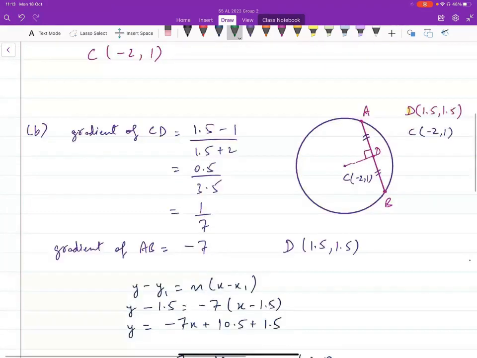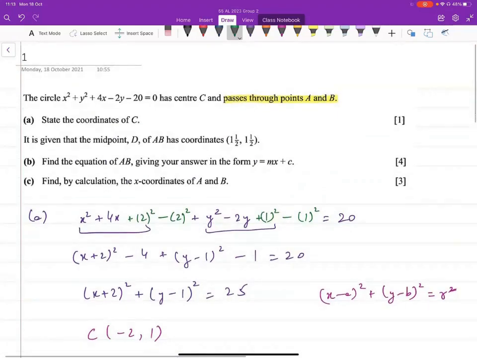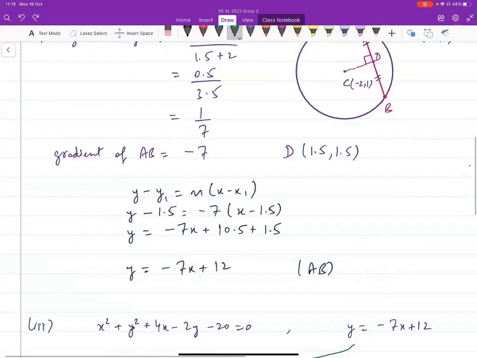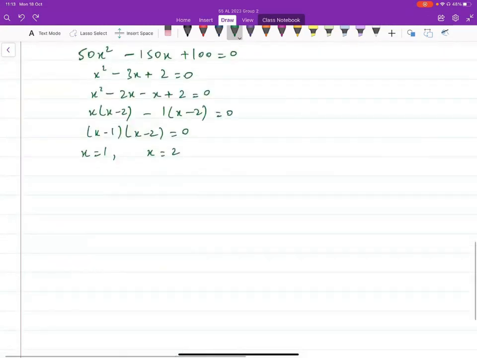What did we need? We needed to find the x coordinates of A and B. We do not need the y coordinates. So x equals 1 and x equals 2 are the x coordinates of the points A and B.